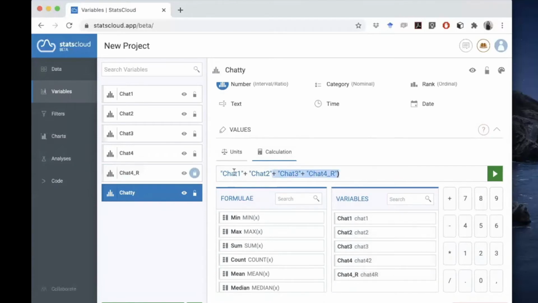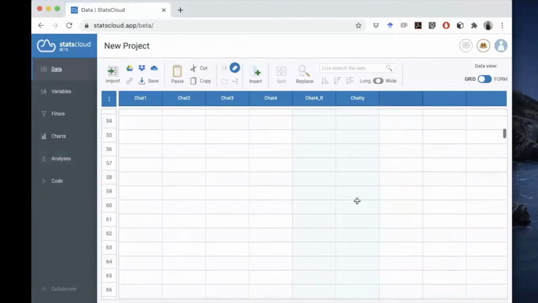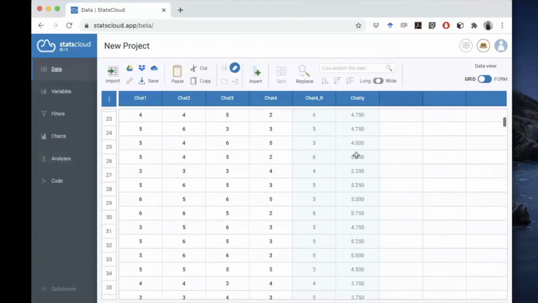Put brackets around those and divide it by 4. And we have our mean. And now we can see that that's actually the mean chattiness on a score from 1 to 7, where people with higher scores are more chatty and people with lower scores are less chatty. So we can see kind of some less chatty people here.